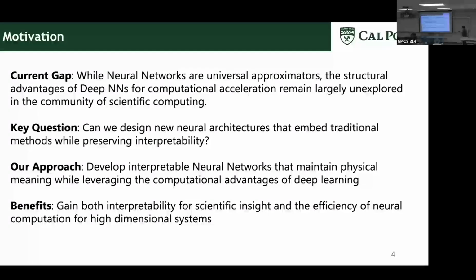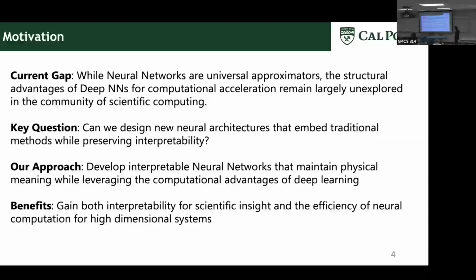The current gap I want to talk about is this: the reason we use neural networks is because they are universal approximators. Comparing the early single-layer neural network and the more recent deep neural networks, the difference is that for deep neural networks, the computational structure itself allows us to scale to very complex problems with extensive data.